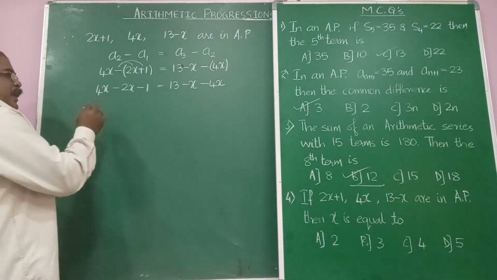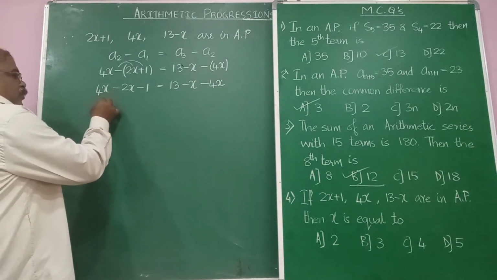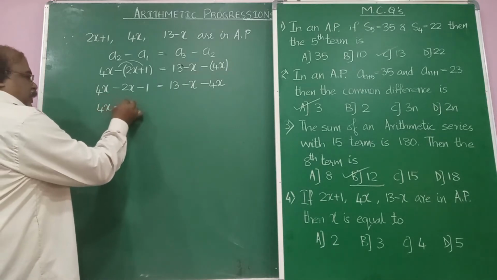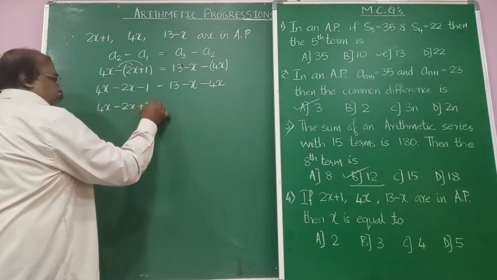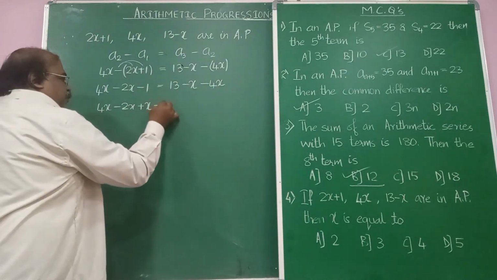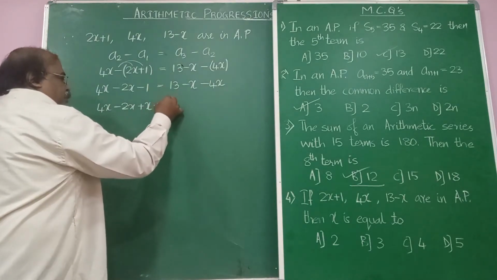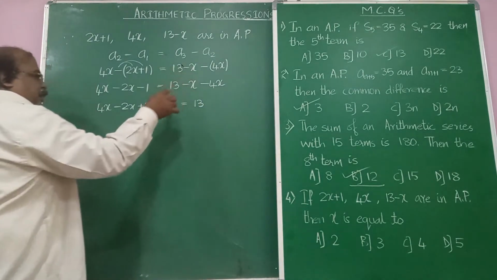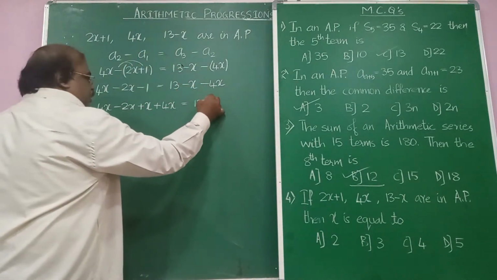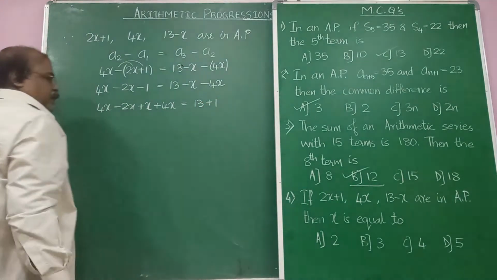Let us keep the x terms on one side: minus 1x coming this side plus 1x, minus 4x coming this side plus 4x. Numbers on the right: minus 1 going to the other side plus 1.